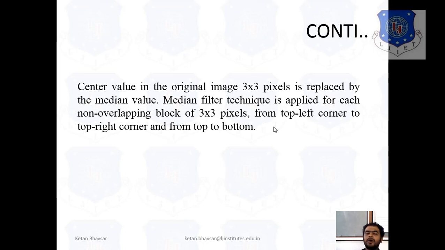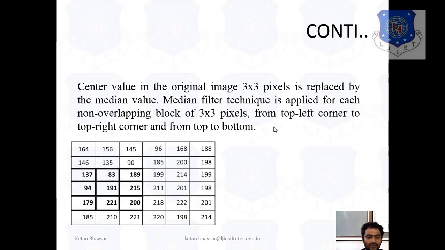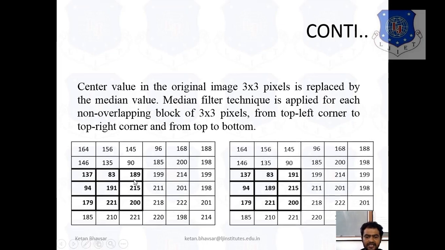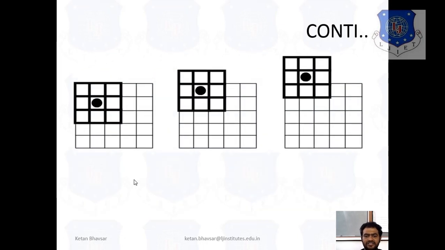The center value in the original image, in a 3 cross 3 pixel window, is replaced by the median value that I already told you, starting from the top left corner to the top right corner. It looks like this, and it will try to maintain the content as much as possible. So you take a centered value, an approximately mean value here.